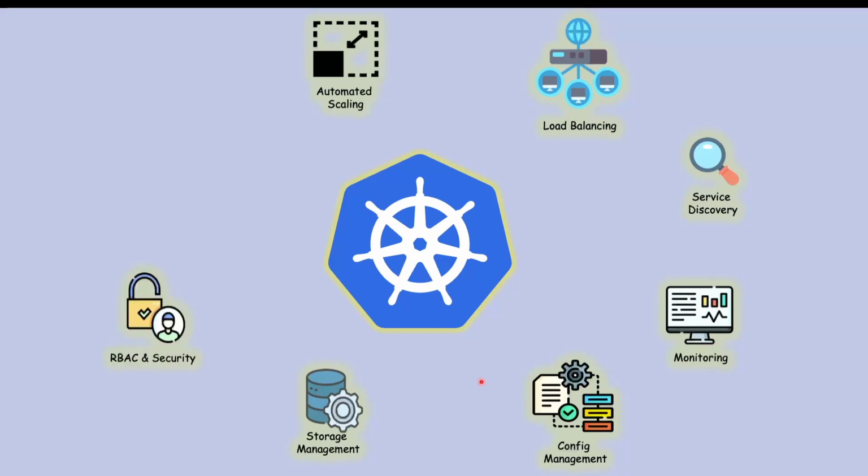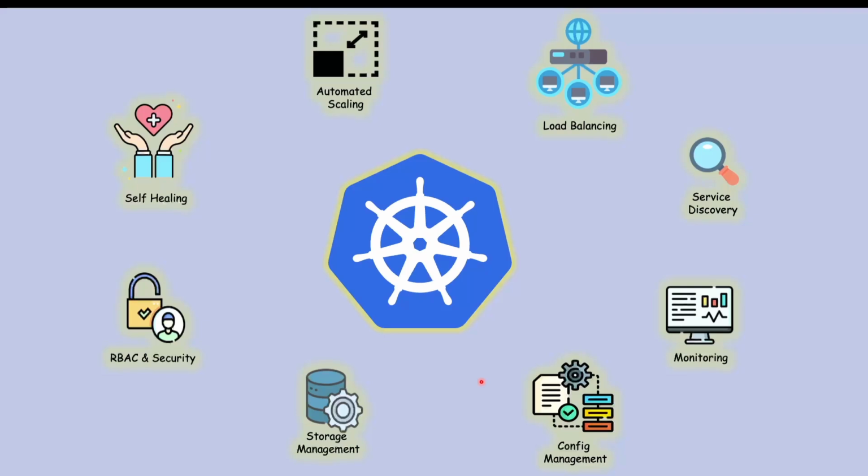RBAC and security: role-based access control and security, how you want to keep your entire cluster and environment secured. Those capabilities are also available, and specifically the use of AWS IAM roles can also be added and implemented through proper object creations that are available, which we will discuss in our forthcoming classes.